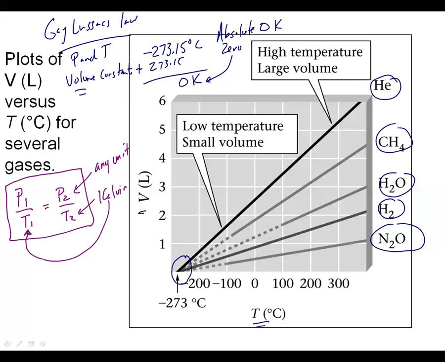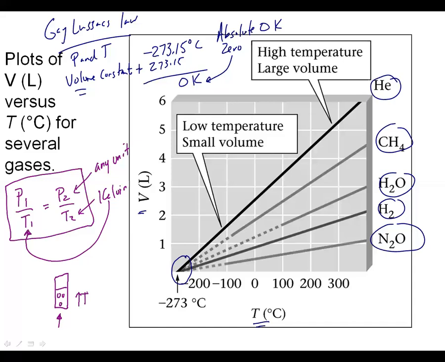And the relationship that describes Guy-Lussac's law is sort of the opposite one. If we have our gas molecules here and we increase the temperature, again, our gas molecules are going to be flying around a lot faster. It's going to cause more collisions. The difference between this and Charles' law is the volume here is constant, which means the volume is not going to change.